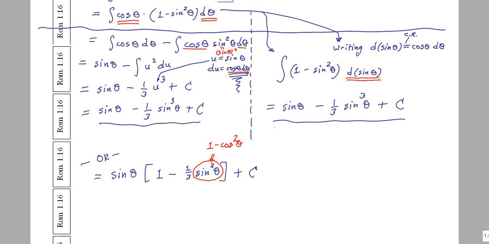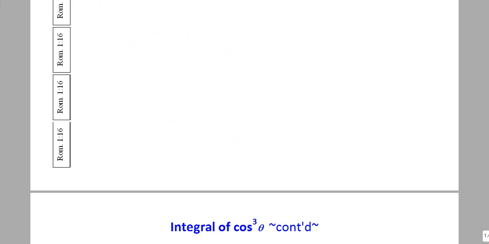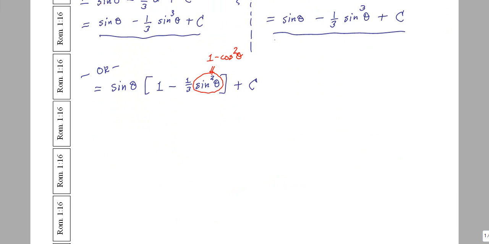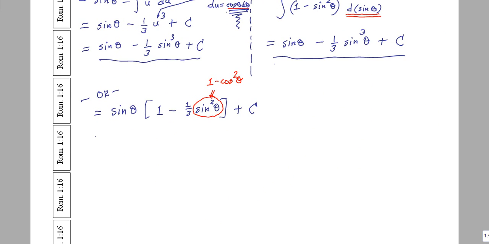So if I put that back in, I get sine of theta times 1 minus a third of 1 minus cos squared theta, plus the constant again outside of the brackets.